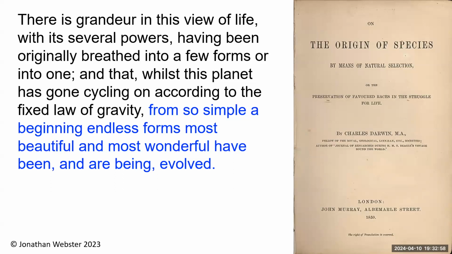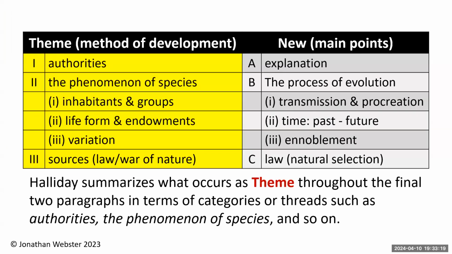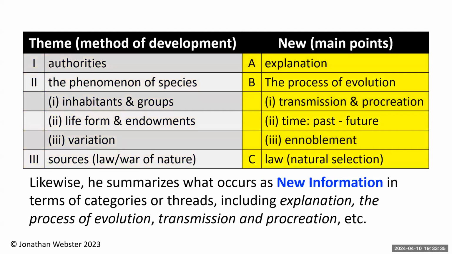Theme. Remember when Halliday did his analysis of Darwin's Origin of Species, and as he put it, he was trying to identify what was so special about the text. What really struck him was Darwin's use of theme. You remember how Halliday identified the kinds of things that occur as theme, and he identifies these in categories. Then he identified the new information.